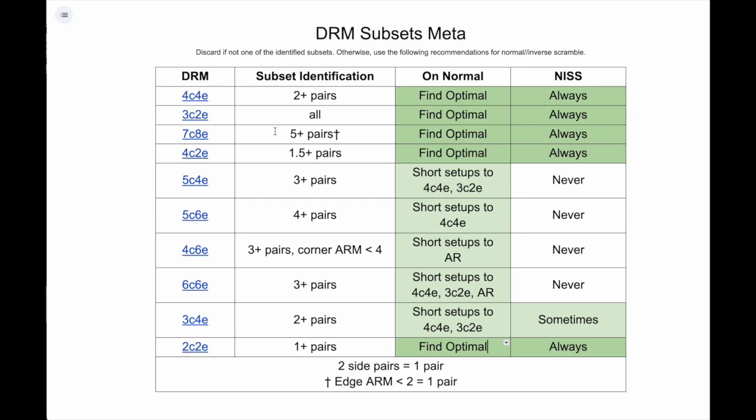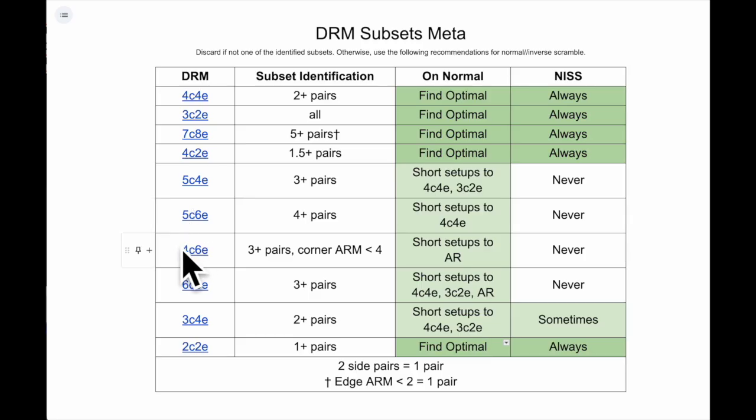And then after these familiar DRMs, we have all these kind of different cases where there's a suggested action other than just giving up. So in particular, if it's a hard scramble, if you're looking for an alternative rather than going to like 6 move extensions of EO, this is suggesting that it's a time worthy investment to take these 5C4E, 5C6E.